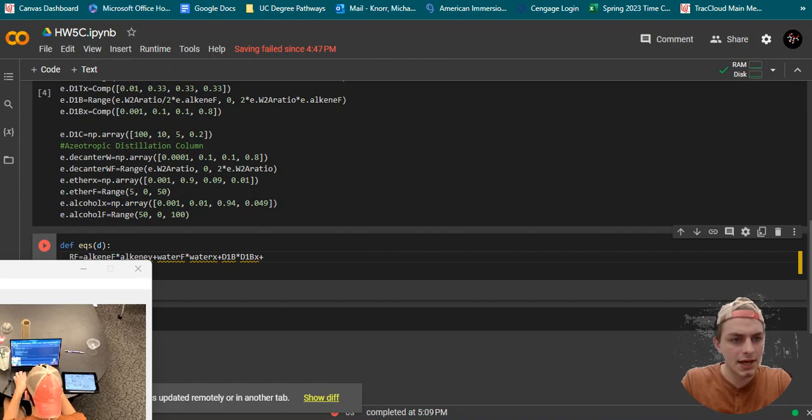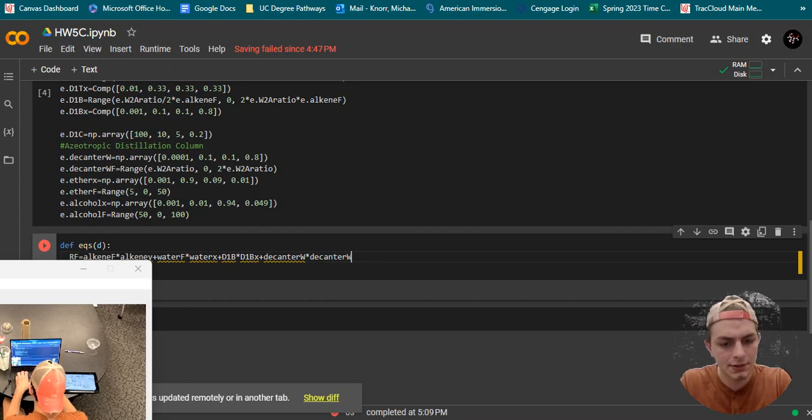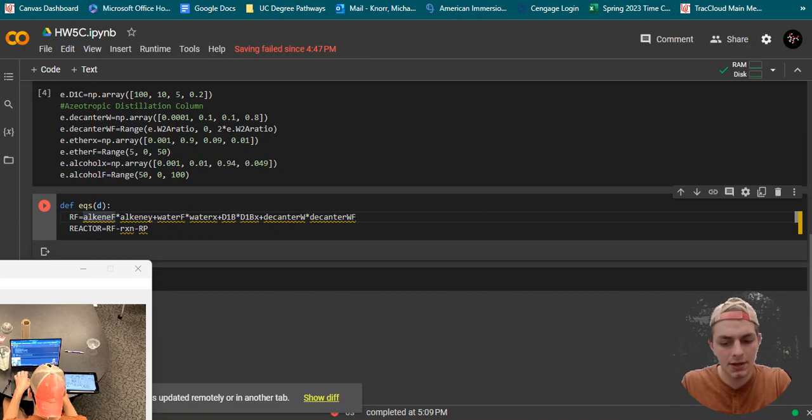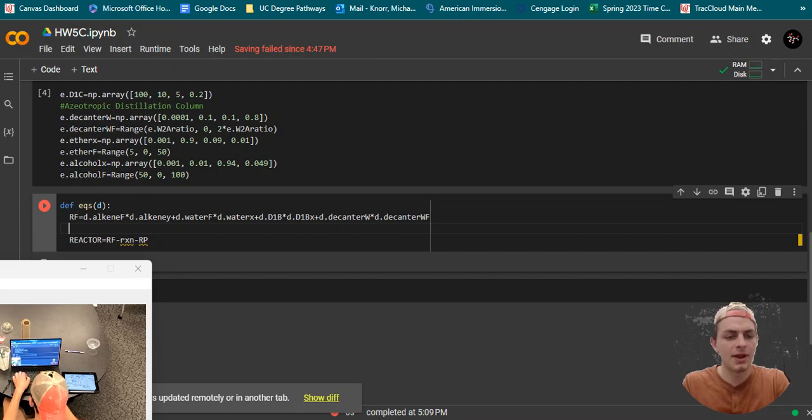And then add to that our decanter water and multiply that by flow rate of the decanter water. Okay, and I need to go ahead and d-dot all of these. Okay, so that should be our reactor feed.